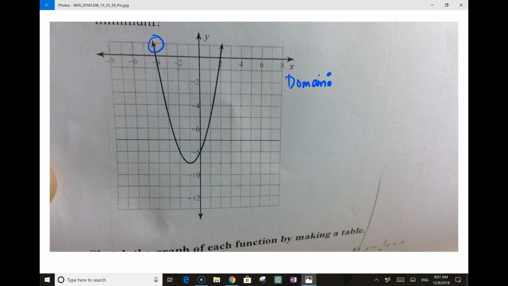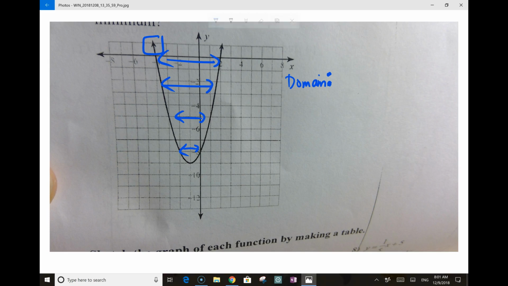This graph, which happens to be called a parabola, has arrows at both of those top areas. What this means is that it's going to continually extend. As you can see, it's kind of narrow at the bottom, but then it extends widthwise. It gets wider and wider and wider.